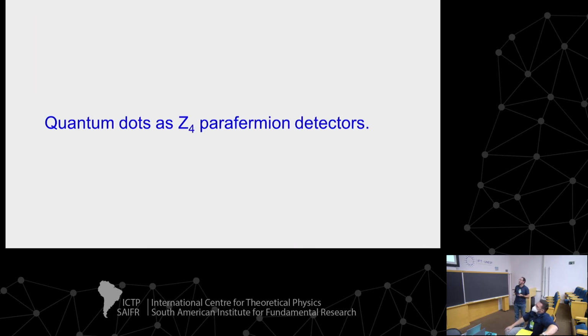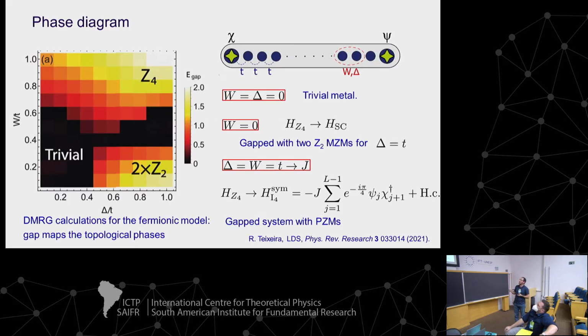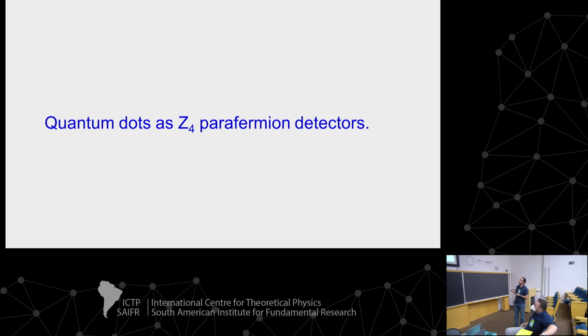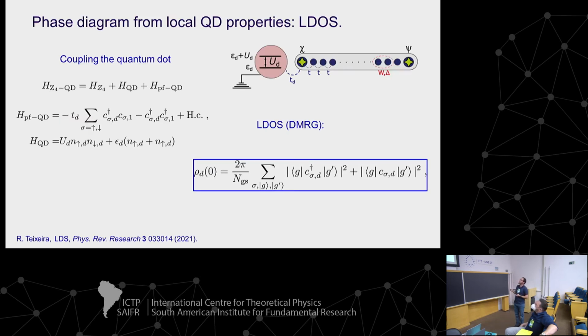All right. But now, the question that we asked in this work is, how can we detect this using something else? And the idea now is to add a quantum dot to this chain, couple it to the end of the chain, and look at the local properties of the quantum dot and see if we can get the same phase diagram. So that's essentially what we did.